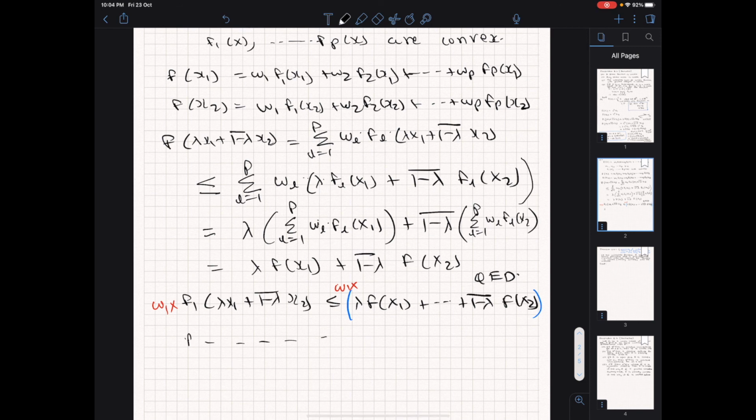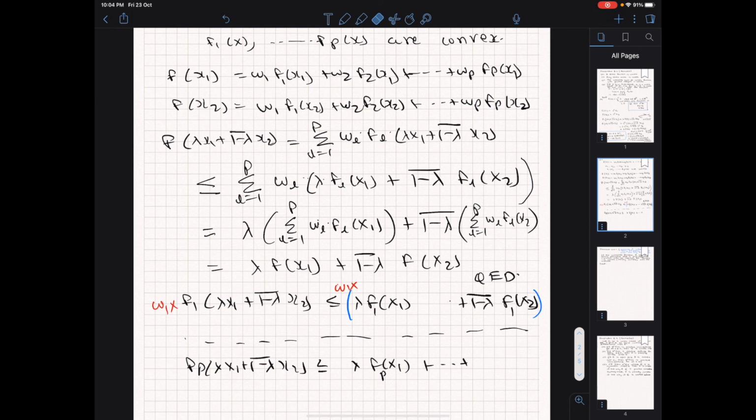So I will directly put a dot and just write the last one, which is that fp of lambda x1 plus 1 minus lambda x2 is less than or equal to lambda times of fp of x1. I'm sorry, why did I put a dot here?